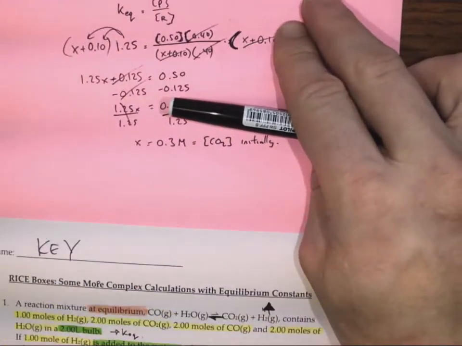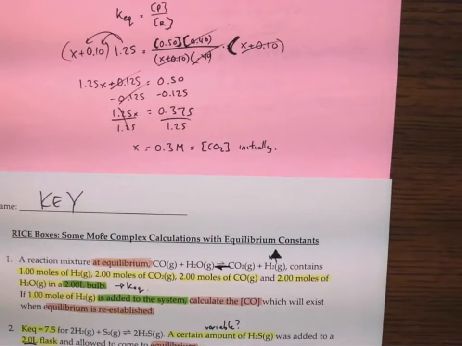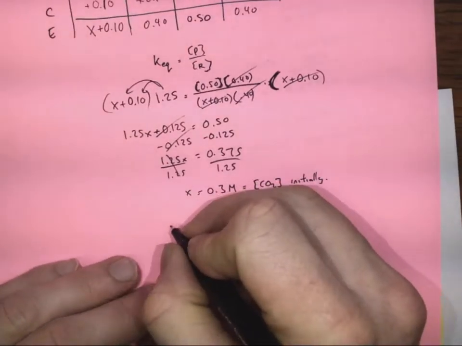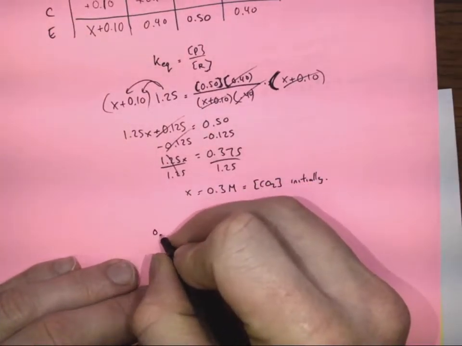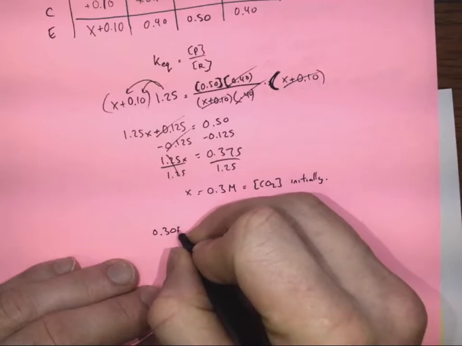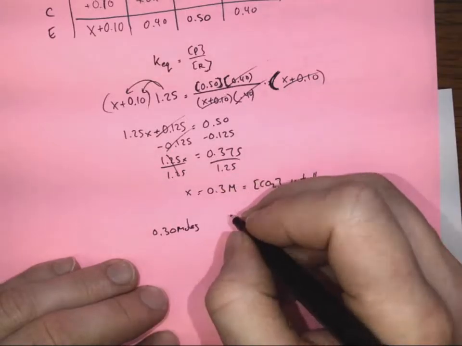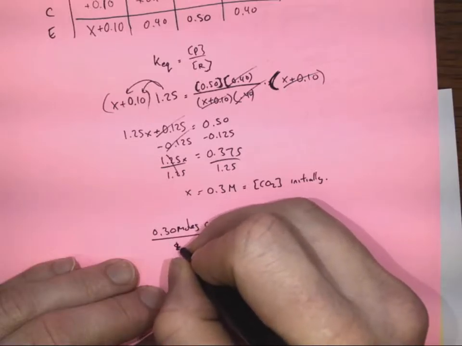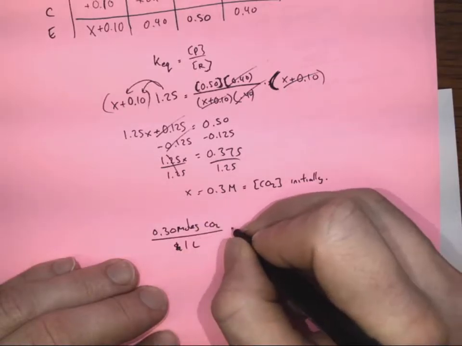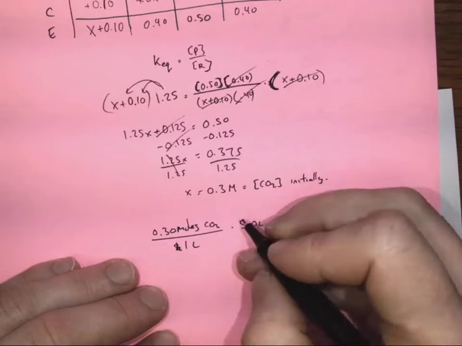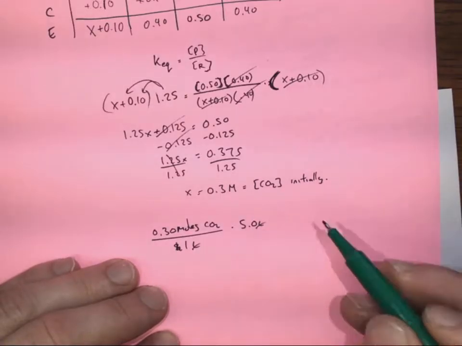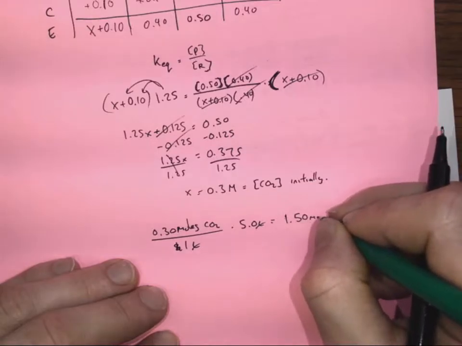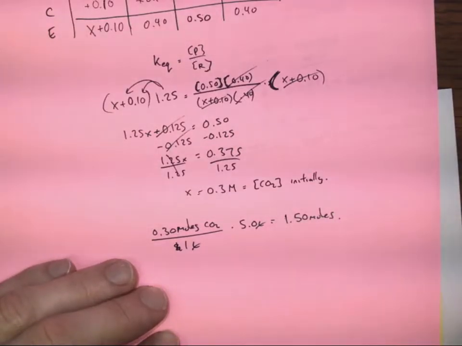All right, let's find out then. If I have 0.30 moles of CO2 for every 1 liter, and I have 5 liters, the liters should cancel out, and I should get 1.50 moles. Interesting.